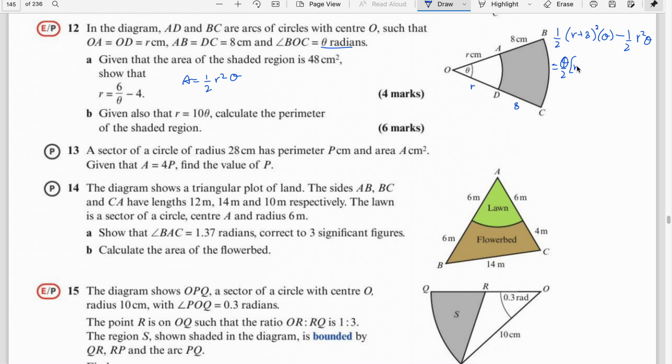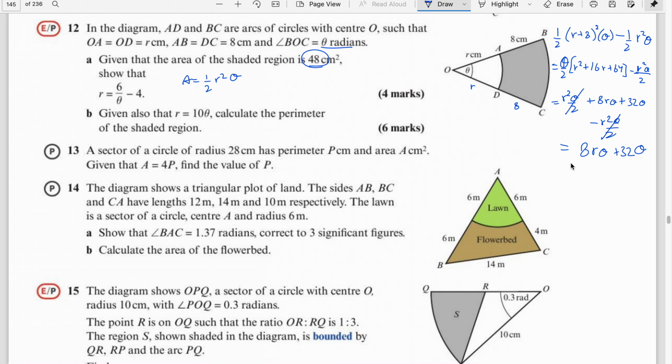This is theta by 2 times (a squared plus 2ab plus b squared) minus r squared theta by 2. Now we multiply: this becomes r squared theta by 2 plus 2 goes with 16, 8r theta, plus 32 theta, and the negative r squared theta by 2 will cancel with the positive one. So we are left with 8r theta plus 32 theta.